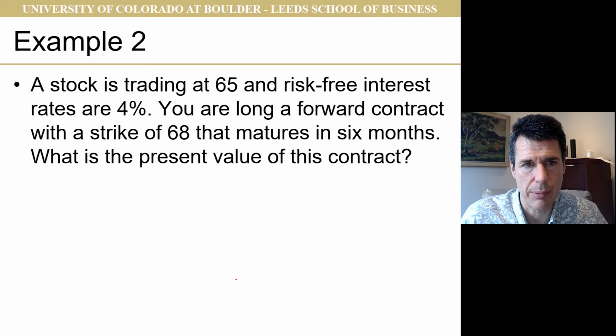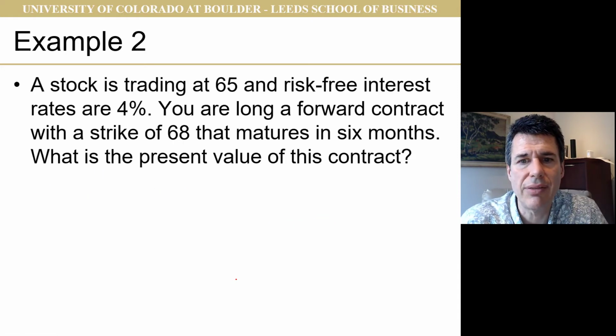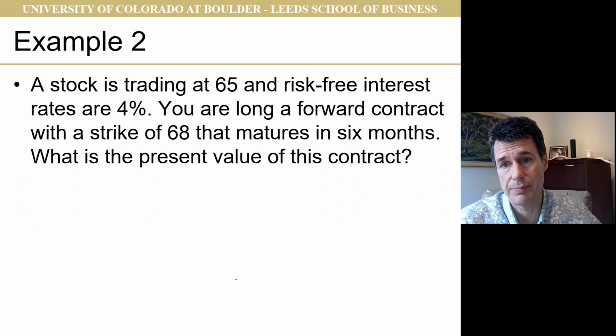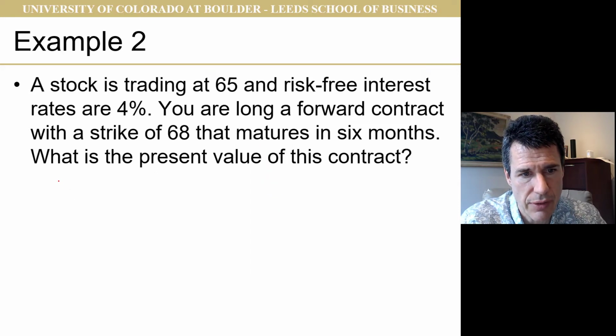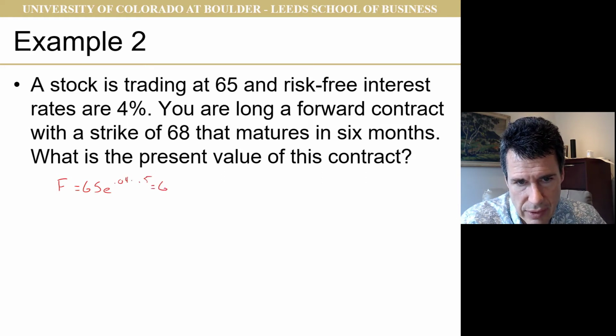The second example, a stock is trading at 65 and the risk-free interest rates are 4%, and you're long a forward contract with a strike of 68 that matures in 6 months. So this is similar to the previous example. So the forward price is 65 e to the 0.04 times 0.5, just 65 e to the 0.02.